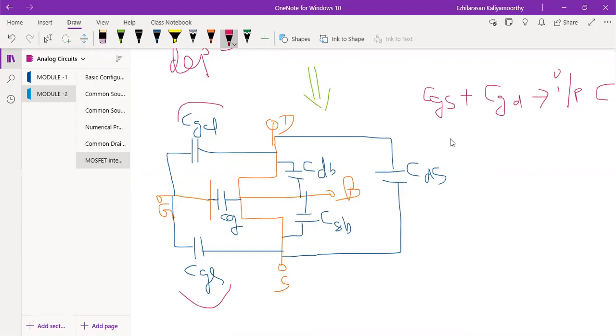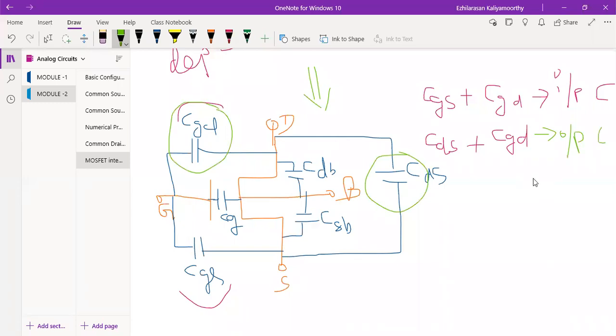Next, they can say CDS plus CGD, means this one. You can see here, CDS and CGD. This combination gives you the output capacitance.